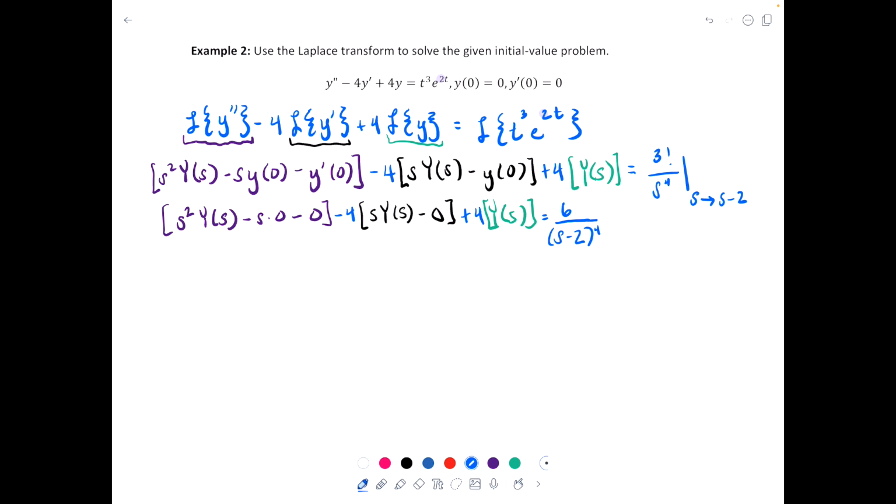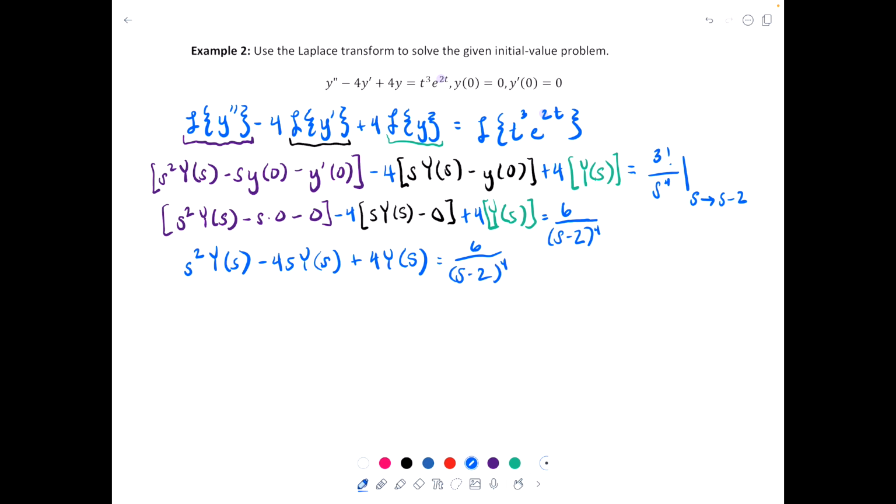Cool so far? All right, so now just continue to simplify. I'll just rewrite really fast so it's nicer. We have s squared times y at s minus 4 times s times y at s plus 4 times y at s is equal to 6 over s minus 2, the quantity, to the 4th.